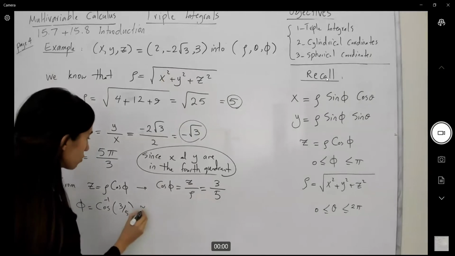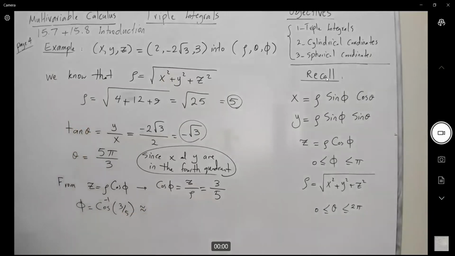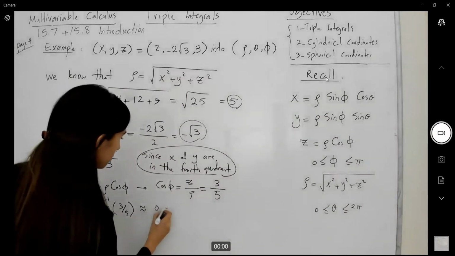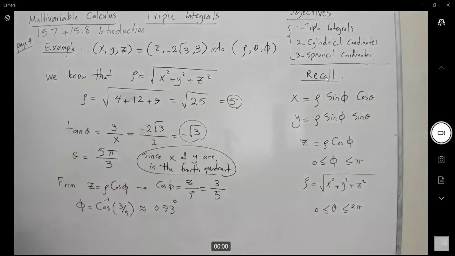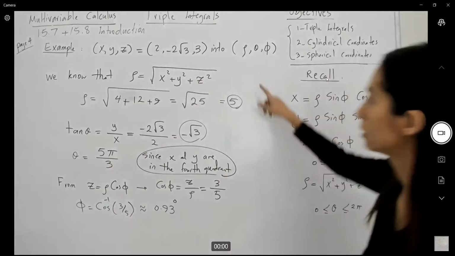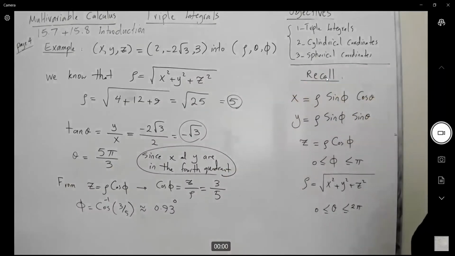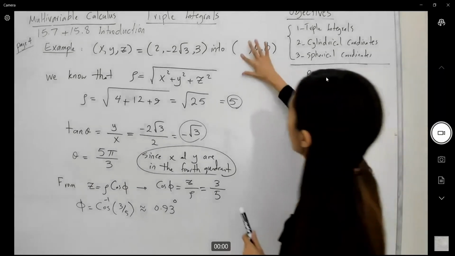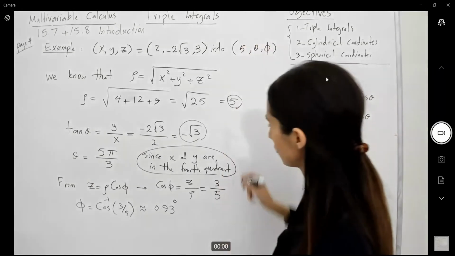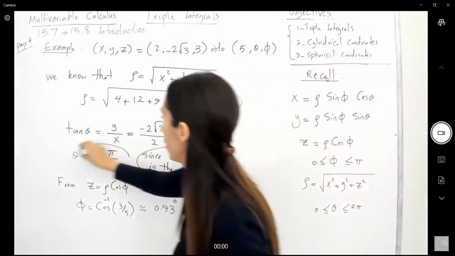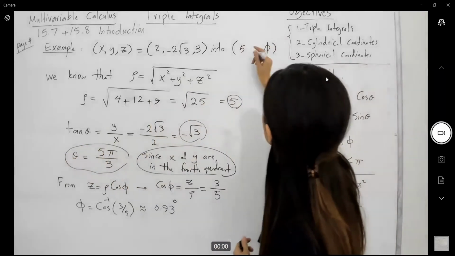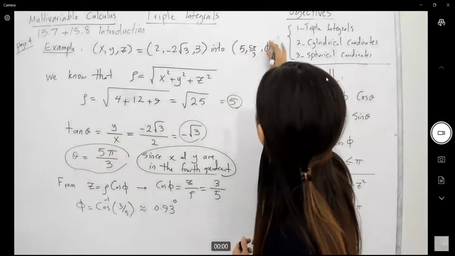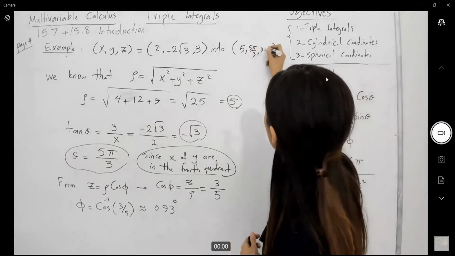Let's use a calculator to approximate this value. This value approximately is 0.93. Very well, so you can write this point in spherical coordinates using rho, which is 5, theta, which you found as 5 pi over 3, and your phi, which is approximately 0.93.